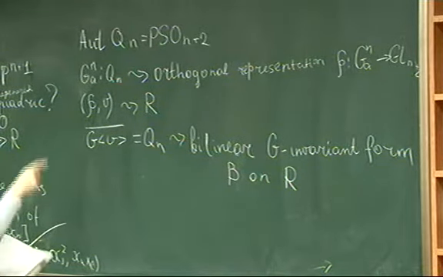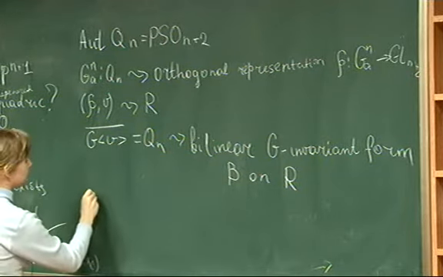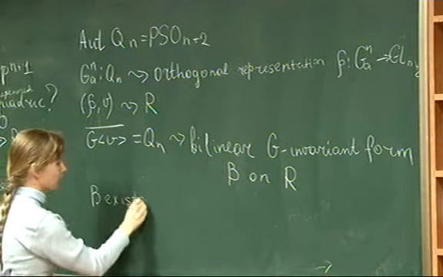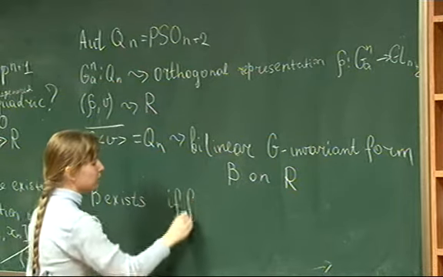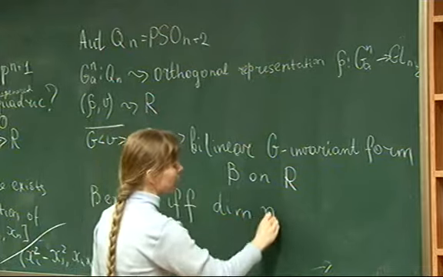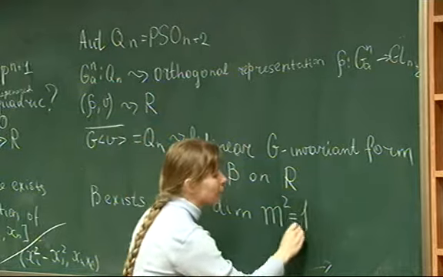So then, using the orthogonality again, we can just write it down. The point is that such a form exists if and only if the dimension of the square of the maximal ideal in R equals 1.